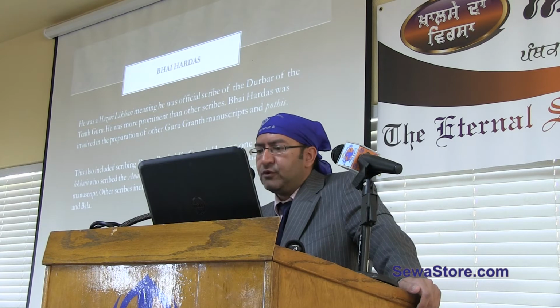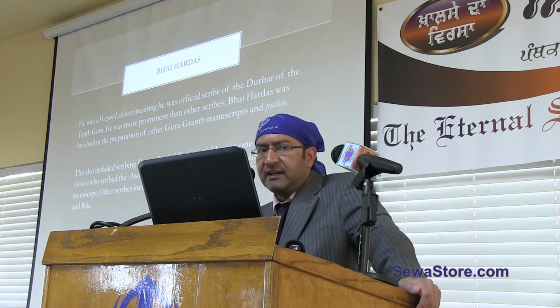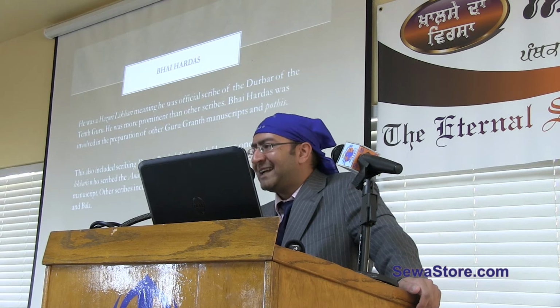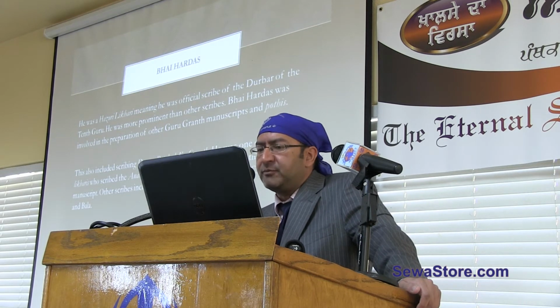So having 4 or 5 scribes within one manuscript is nothing unusual. So whilst the Anandpuri Beed contains the names of these Lakaris, it's actually a positive, because we can see the names of the scribes involved in the preparation.